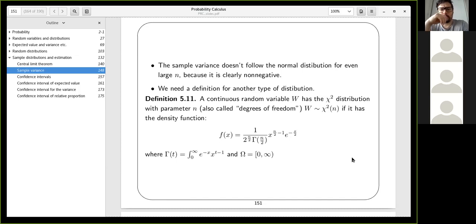I'm not going to go into detail here, but you can show that this is what happens to this variable.